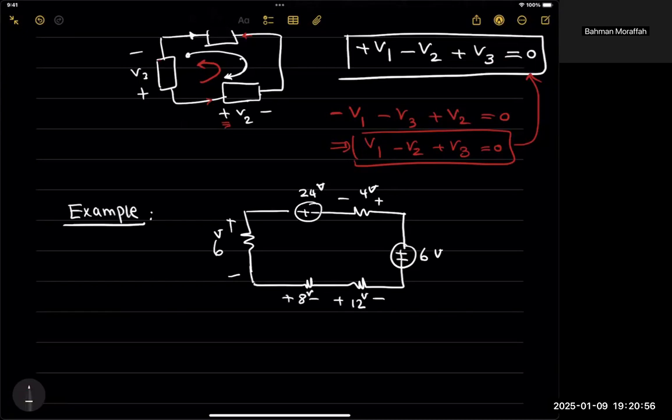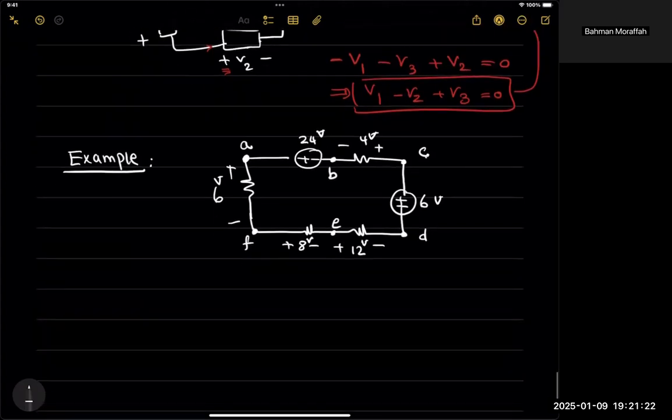And this is 8 volts. Let's call this point over here A, over here B, this is C, this is D, this is E, and this is F. One of you might ask me, how do we know this is negative, this is positive? This is given to you in the problem. So let's stick to that and say this is given to us. So the very first step is to verify KVL. Let's say we're taking this clockwise direction.